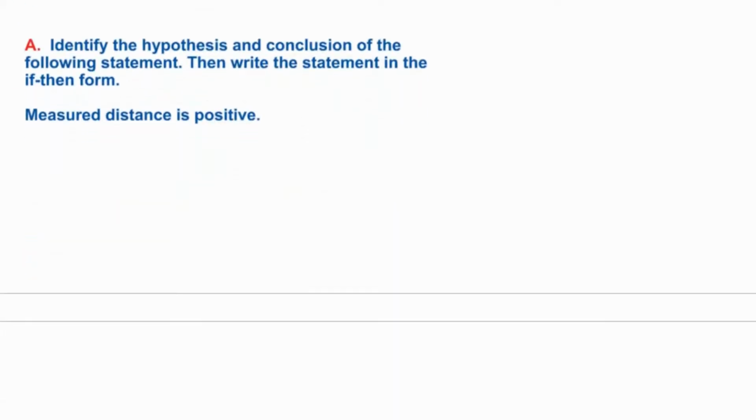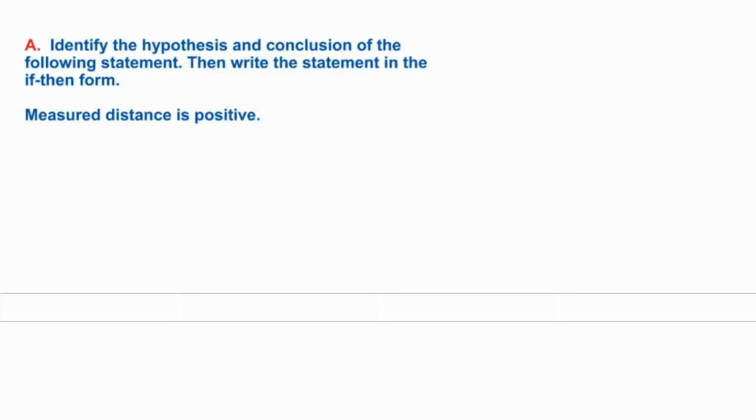Now we're getting to the point where we're going to put statements into an if-then form. So on this one, we're given that measured distance is positive. We want to write it in an if-then form. So basically what we want to do is measure distance, and if we measure the distance, it's always going to be positive.